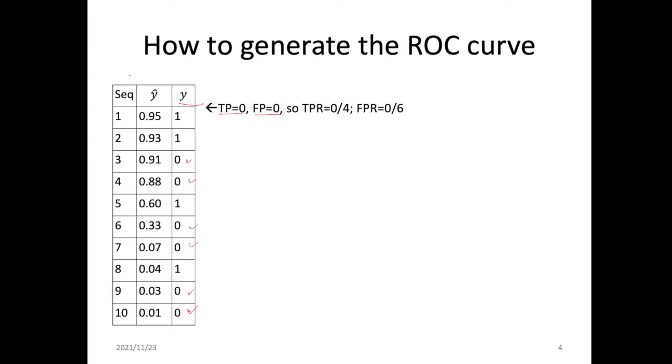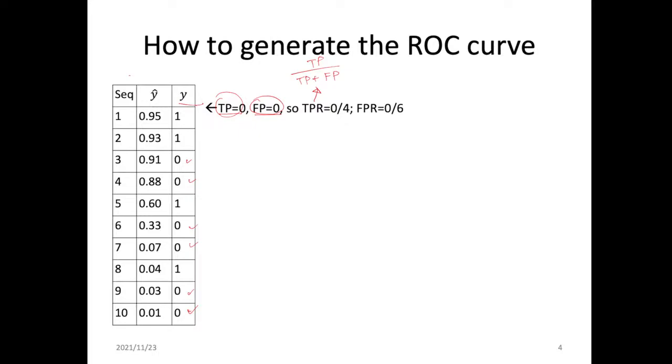Then we want to compute the true positive rate and false positive rate. Let me remind you again. True positive means that I predict something as positive and I'm correct. False positive means I predict something as positive but I'm wrong.